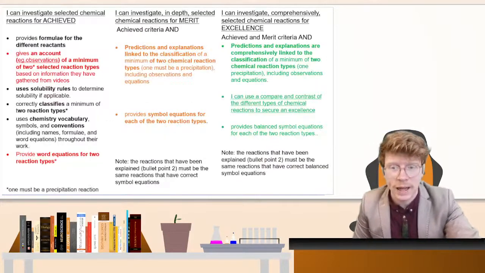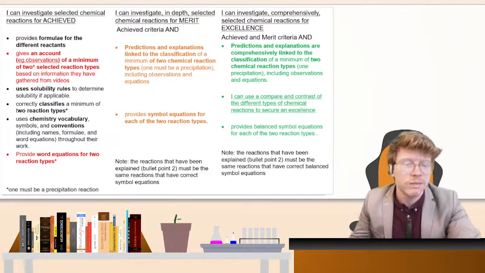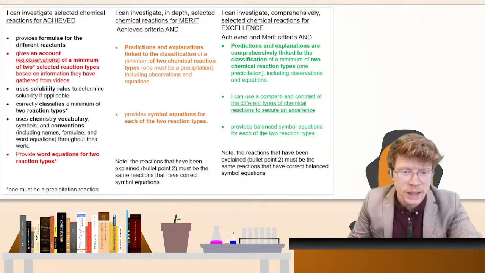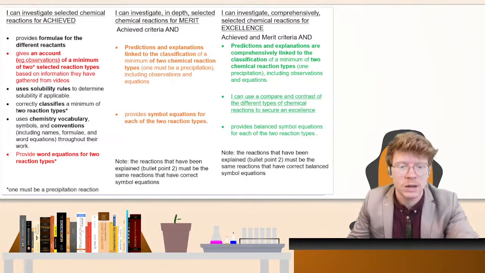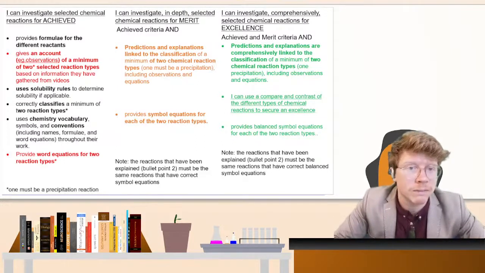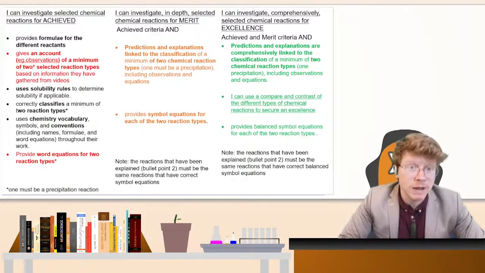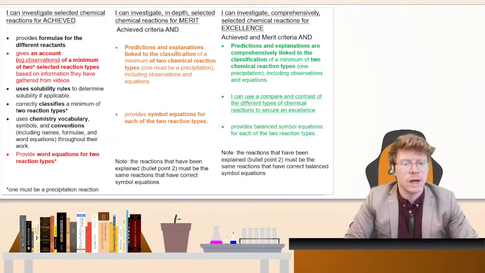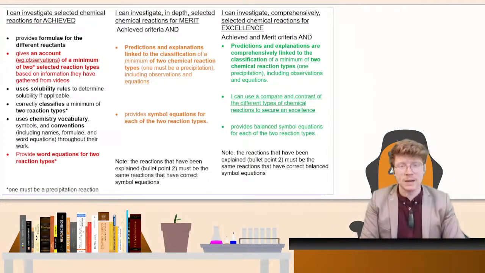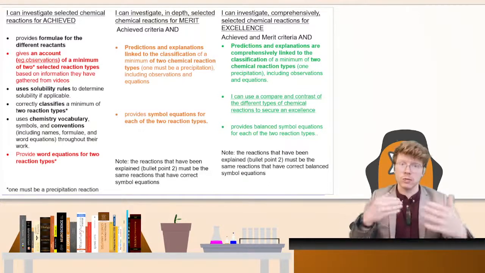I'll leave up our essentially criteria. The only thing that you might not have covered, or that we haven't really covered here, is that to get excellence, you want to do a little paragraph, and it will be spaced for you on the report, to do a compare and contrast. Essentially, you'll be comparing and contrasting two of the reactions that you've done or that you've observed, and talking about what was different between those two reactions.